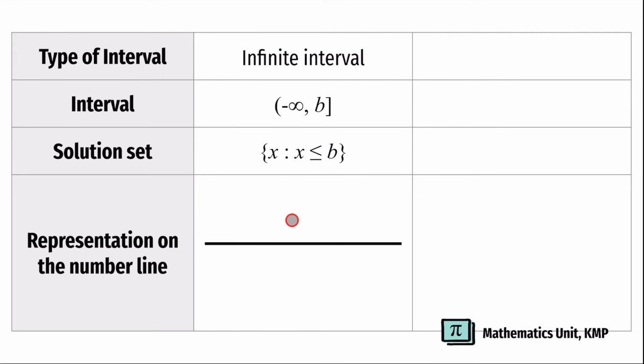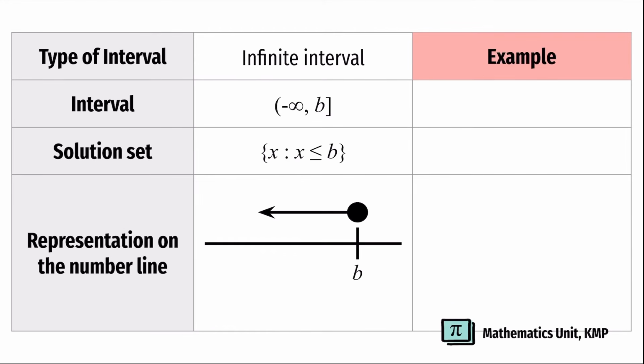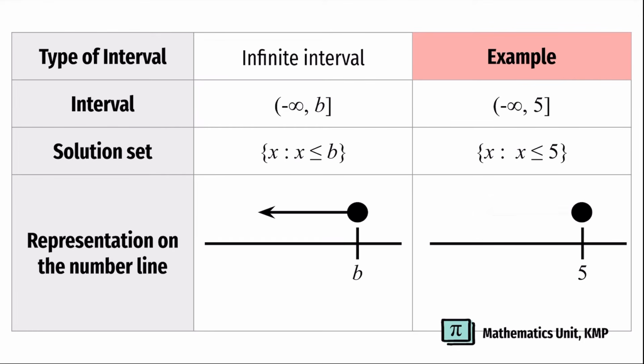So for the number line, on top of b is a closed circle and left side arrow for negative infinity. And you may complete the example. So for this example, we're going to exclude the value of b, and x is such that x is less than b. So we're going to use open circle and left side arrow.